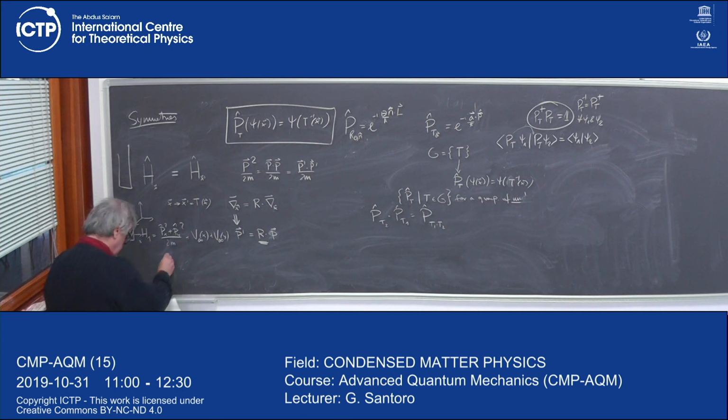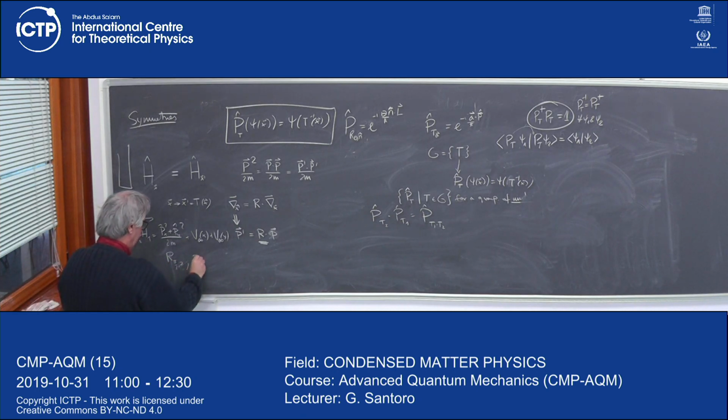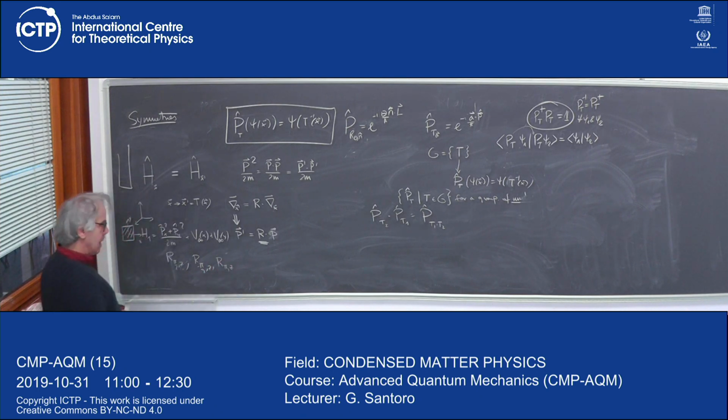The only rotations that are allowed are a rotation by pi over 2 over z, because I just take the square and now rotate it. A rotation by minus pi over 2 around z, and the rotation by pi over z, and obviously the identity.